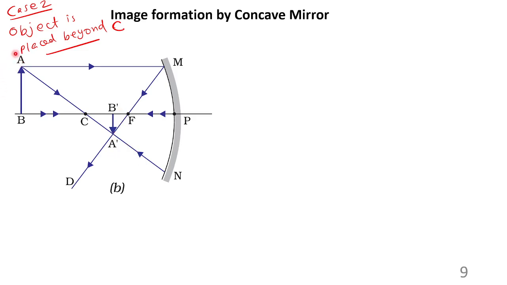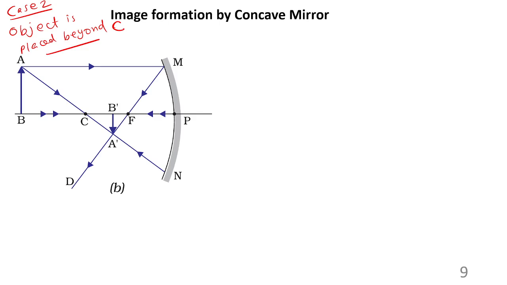The image of the top position of the candle is A dash. A vertically placed object will have a vertical image, so draw vertical. A dash B dash will be the image of the candle. You can see that the image size is reduced, also inverted.